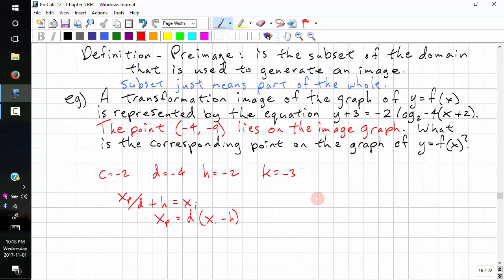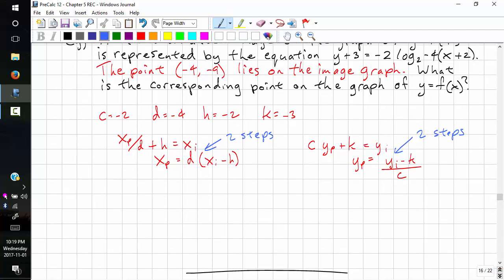And for the y values, we have C times y pre-image plus K equals y image. And again, 2 steps will give us y pre-image = (y image minus K) divided by C. And if you're not sure what the 2 steps are, you can look back at your old notes from previous chapters.